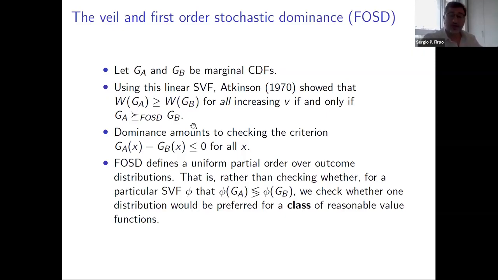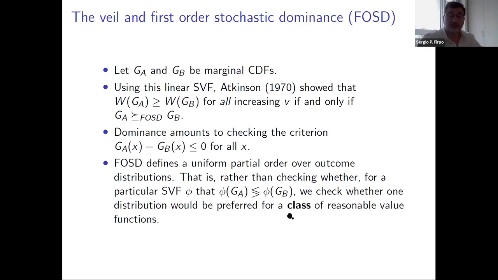So you don't need to look at the individuals, you can go directly to distributions. And if you establish that GA dominates GB, you know that you prefer policy A over policy B in the case that we're looking at levels.